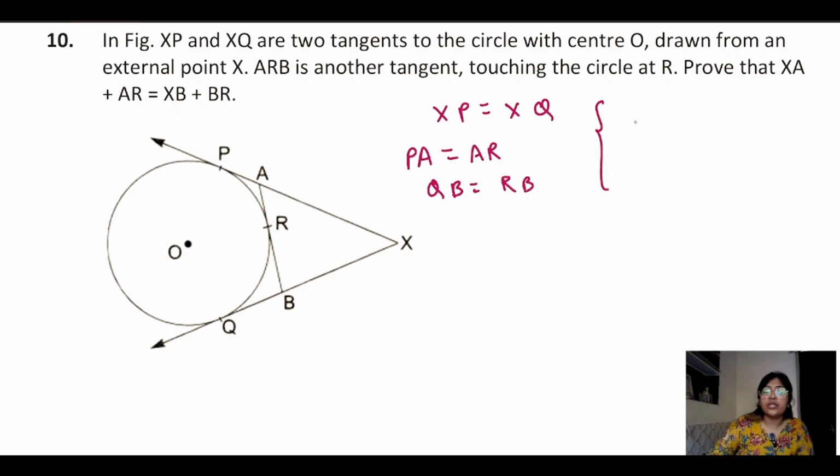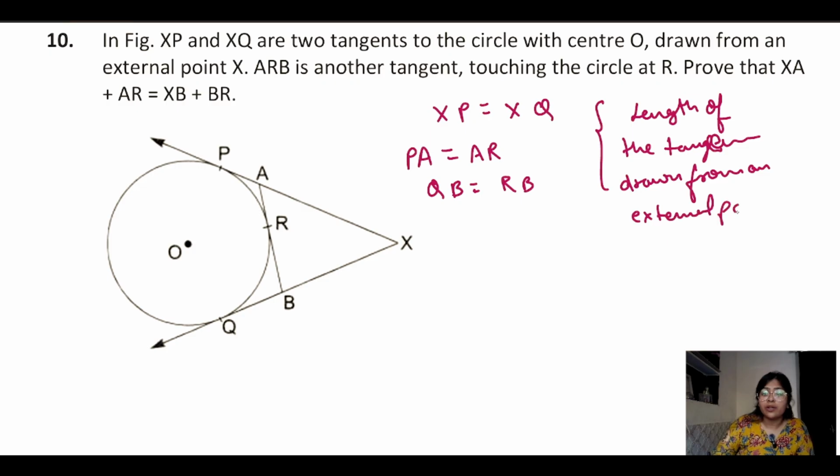All three equations have the same reason: the lengths of the tangents drawn from an external point are equal. This is clear? Okay. What we need to prove?